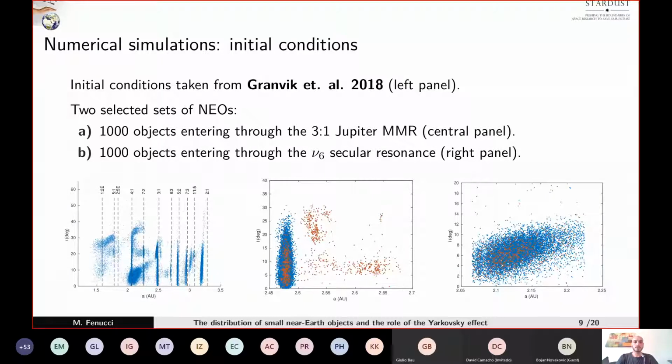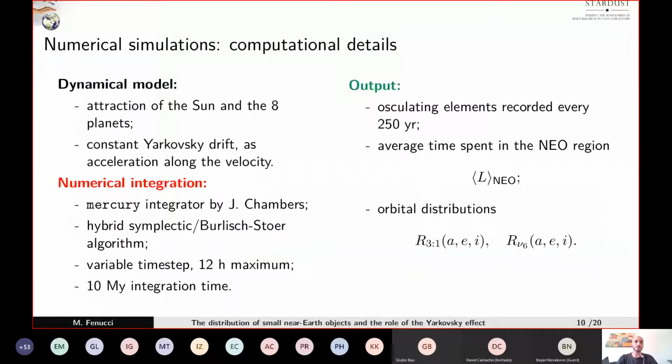Then, given the initial conditions, we perform these numerical simulations in a dynamical model, which includes the attraction of the Sun and the 8 planets from Mercury to Neptune. And we add a constant Yarkovsky drift in the near Earth region, which is implemented as an acceleration along the velocity.